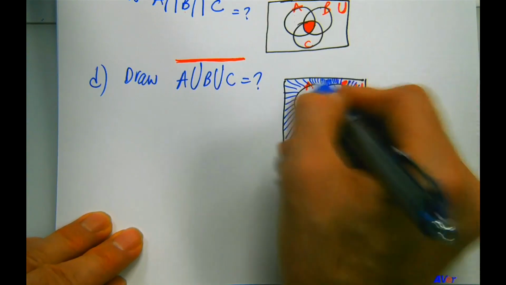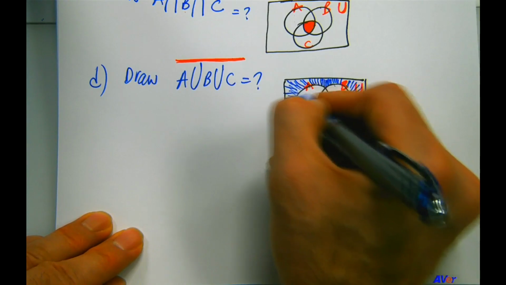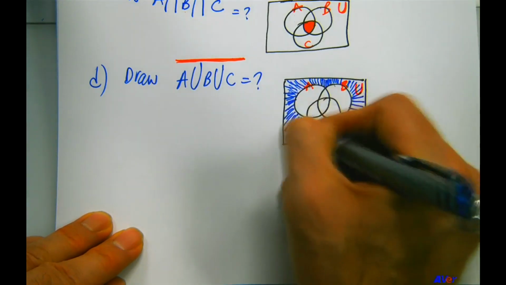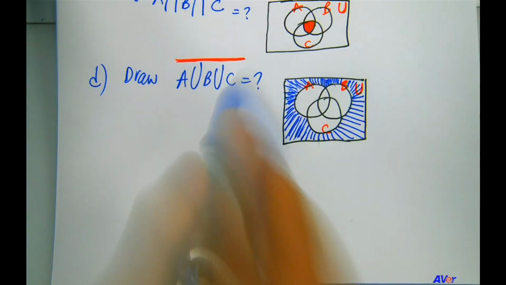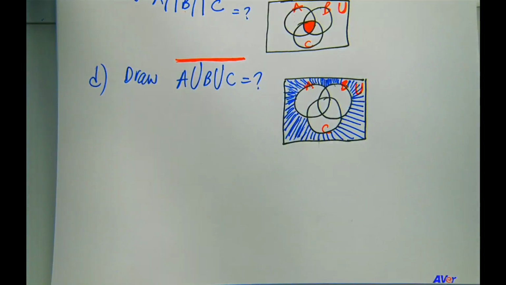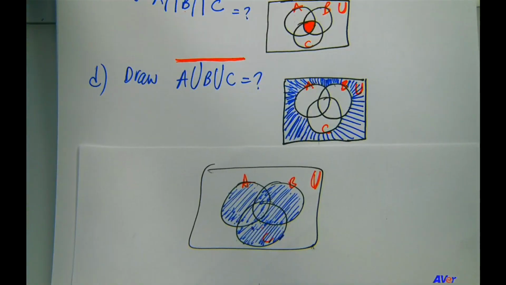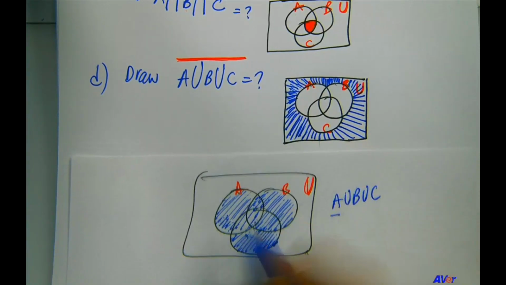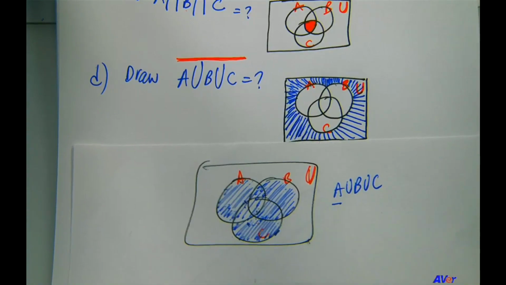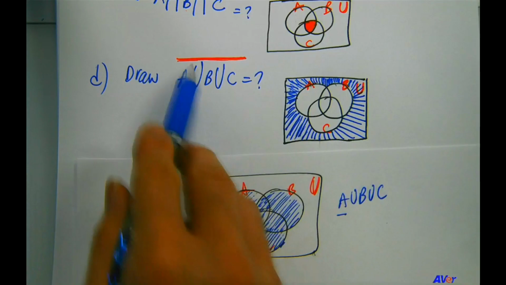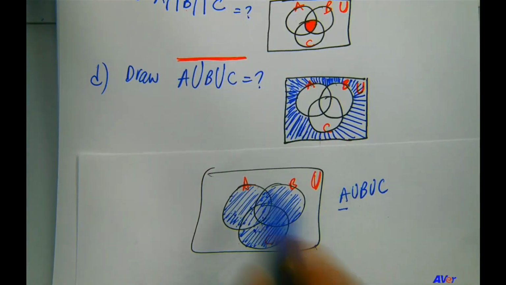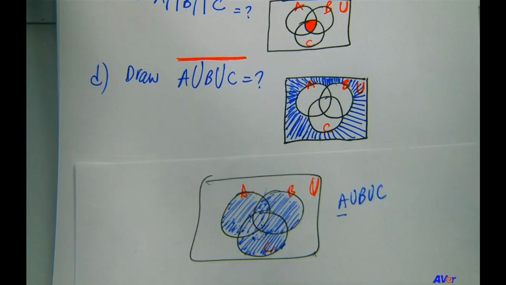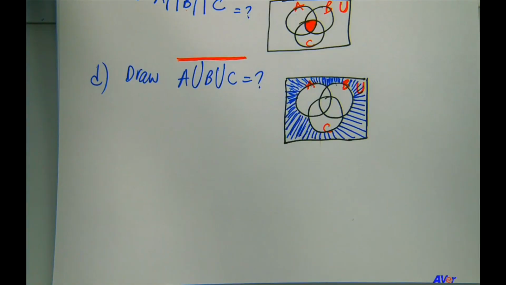All the blue shaded region is A union B union C bar. That region I've shaded is the complement of this region, which would be A union B union C. We're looking for the complement of that, which is everything outside of the circles but within the box. Okay? Let's do one more.